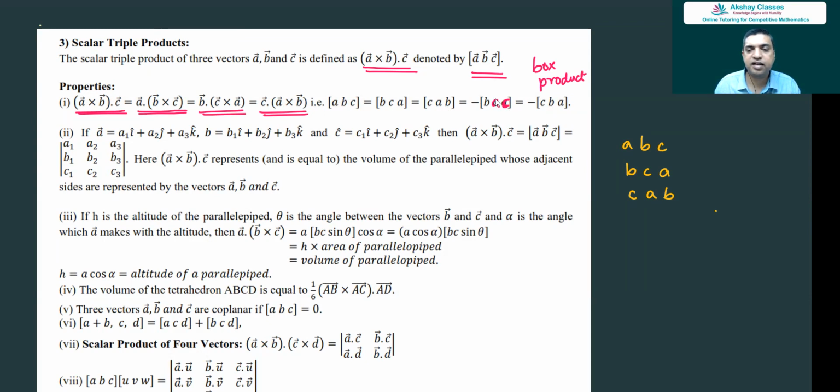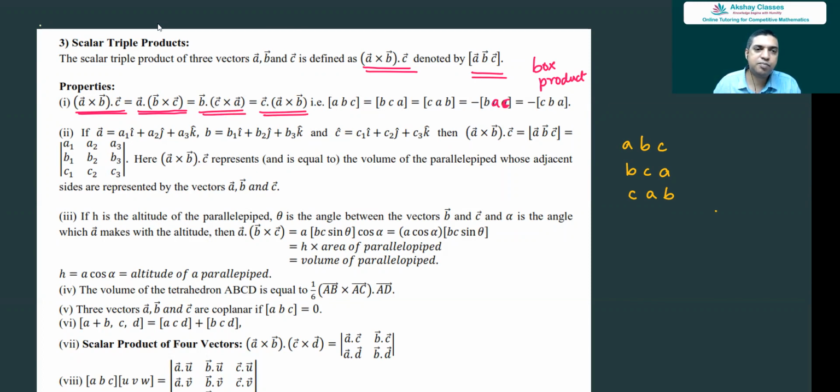The A and B order has been interchanged once, so this will be negative. So BCA and minus BAC. Similarly, CAB and CBA will have opposite signs. Why? Because cross products are not commutative. C cross A will be equal to minus of A cross C. That is why this negative sign comes.